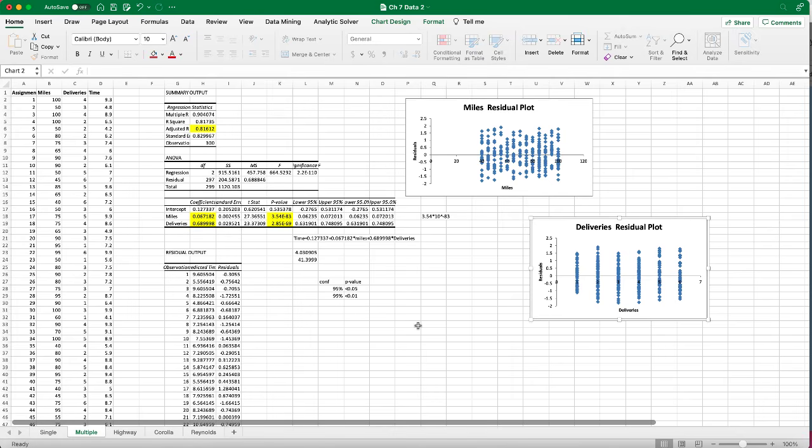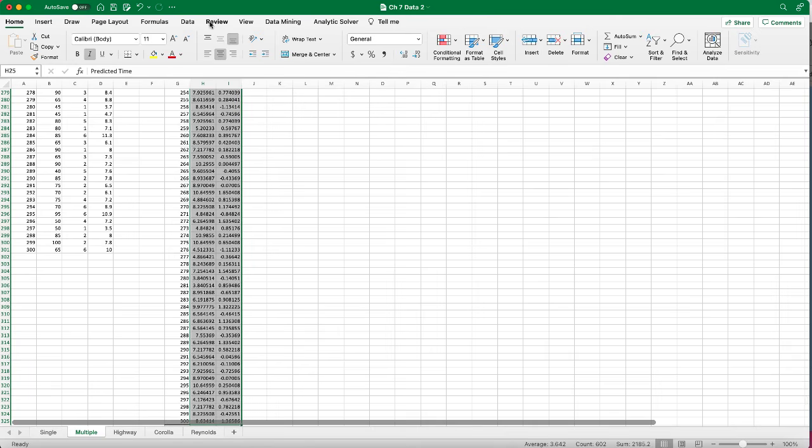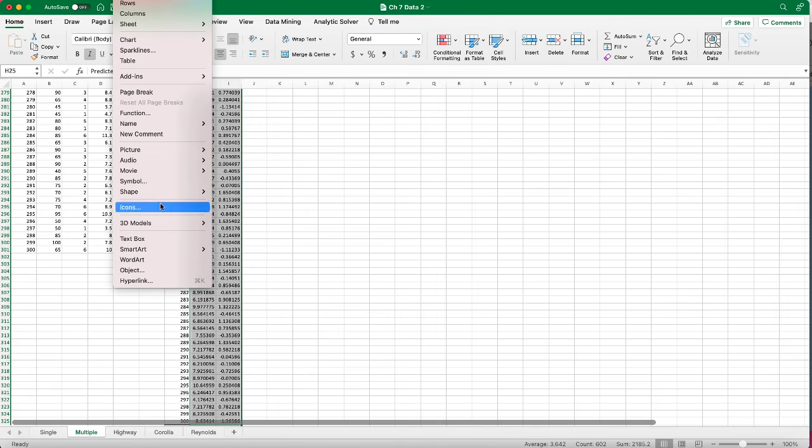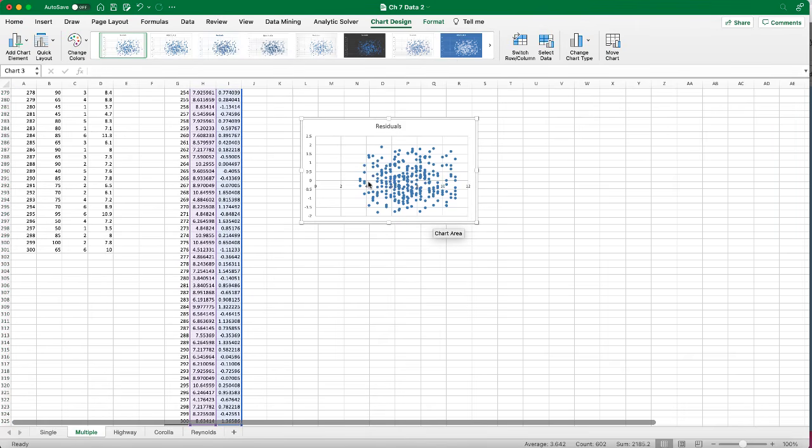Lastly, we can create a scatter plot of the predicted value and residual. We have the predicted time and residual in here. We can just highlight them and then insert a chart that is a scatter plot. And we can see that the residuals again are randomly distributed along the mean of 0.